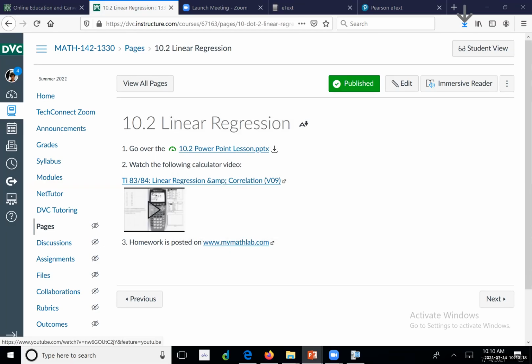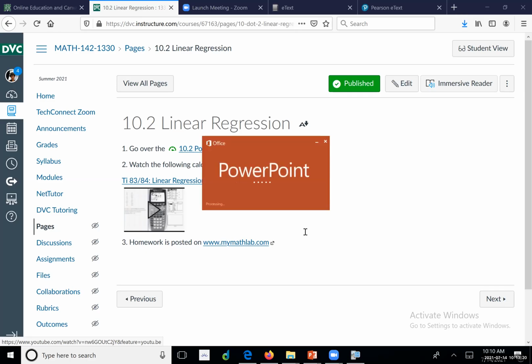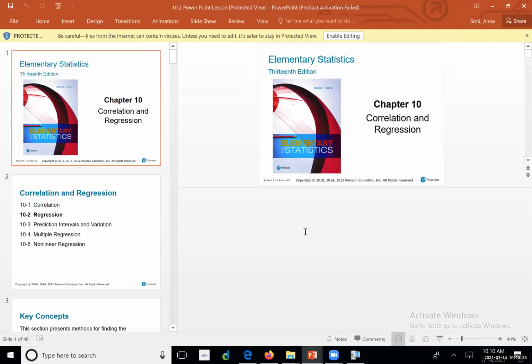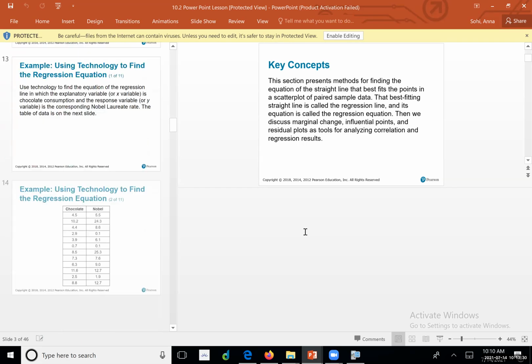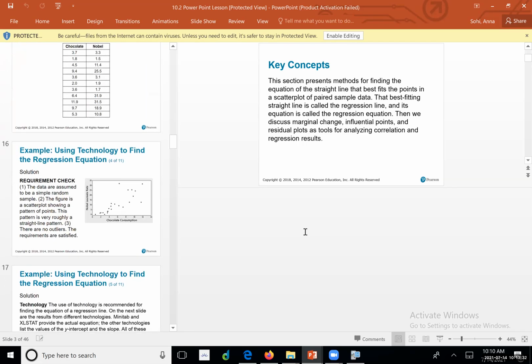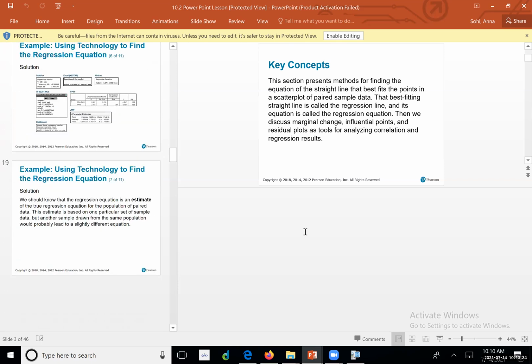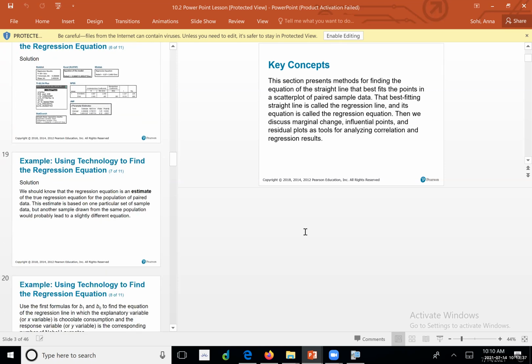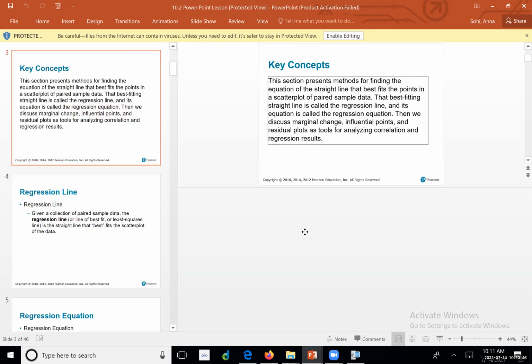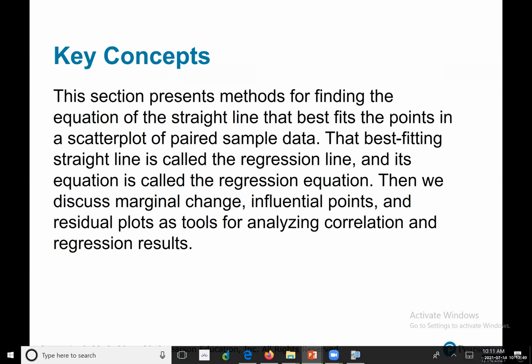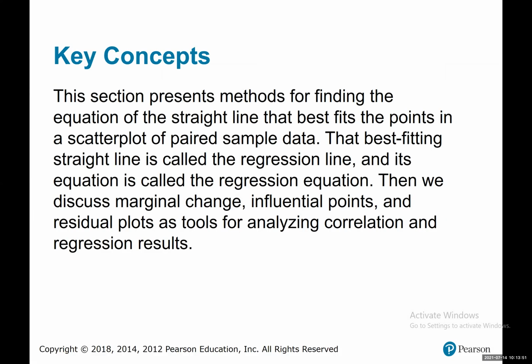So not much of a new calculator command in this section. Regression. We had done it. It's just more examples that we will do.